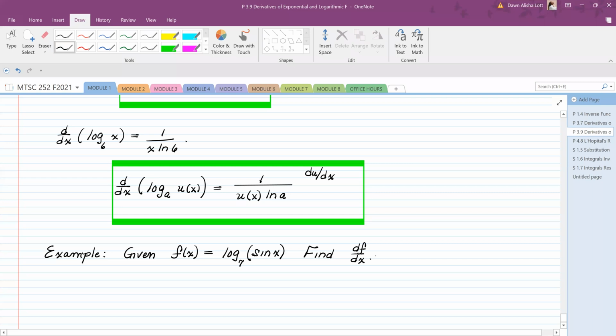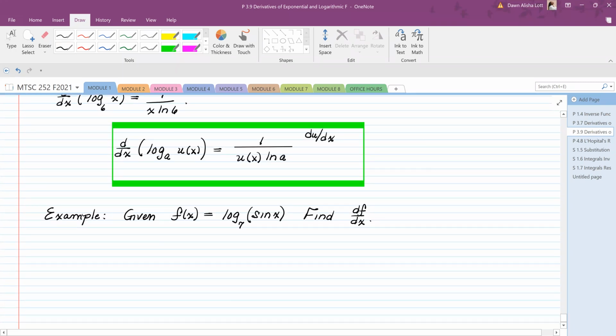Find its derivative, or f prime. Well, here u of x is just the sine of x, and du dx is cosine x.